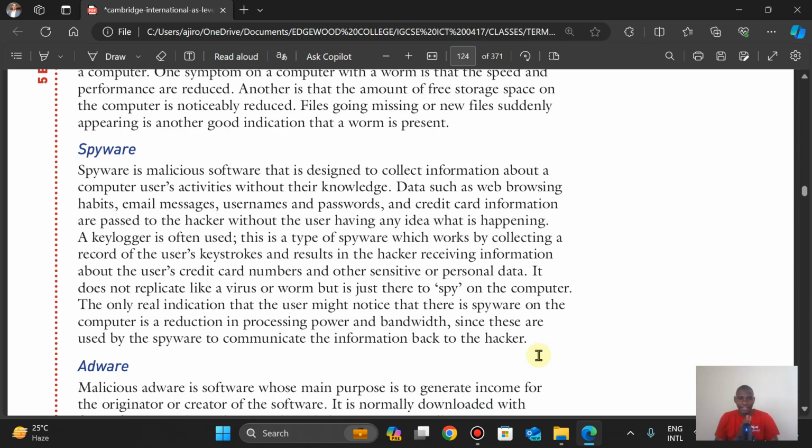It does not replicate like a virus or worm, but it's just there to spy on the computer. The only real indication that the user might notice is a reduction of processing power and bandwidth, since they are used by the spyware to communicate information back to the hacker.